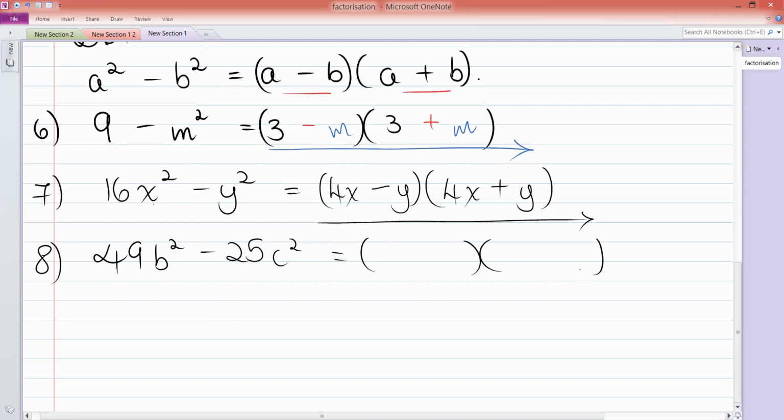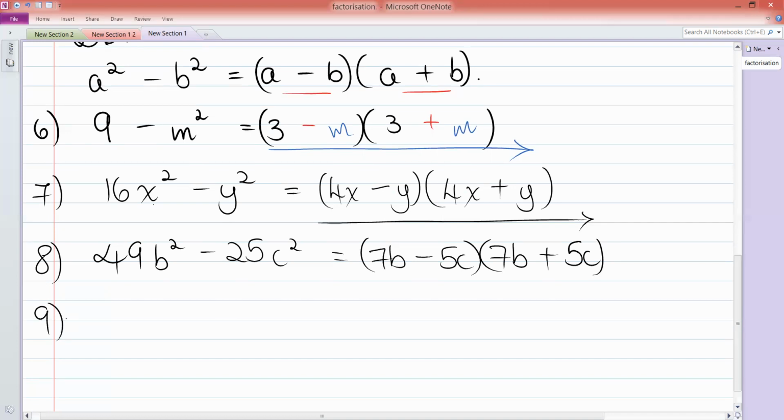Yes, it is. So square root of 49b squared, what would that be? 7b. Well done, 7b. One's negative, one's positive. Then 25c squared, that's also an example of a perfect square. Square root of 25c squared, what would that be? 5c. Well done. Awesome.